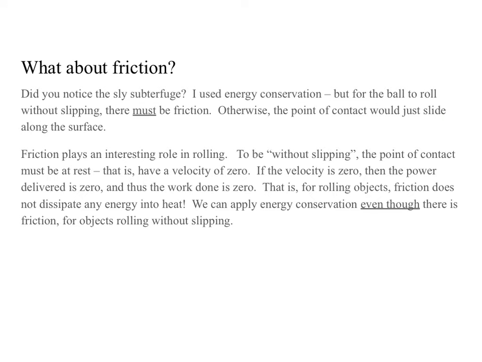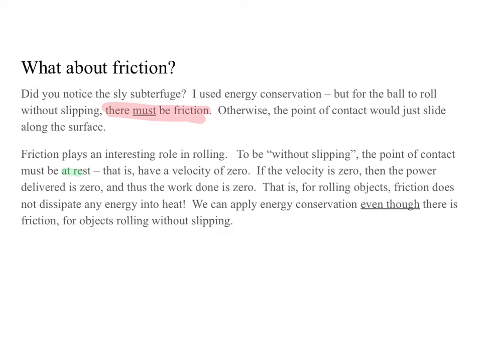What about friction? Did you notice the slight subterfuge? I used energy conservation, but for the ball to roll, there must be friction. Otherwise, it can't roll without slipping. Things can only slip on frictionless surfaces. Friction plays an interesting part in rolling. To be without slipping, the point of contact must be at rest.